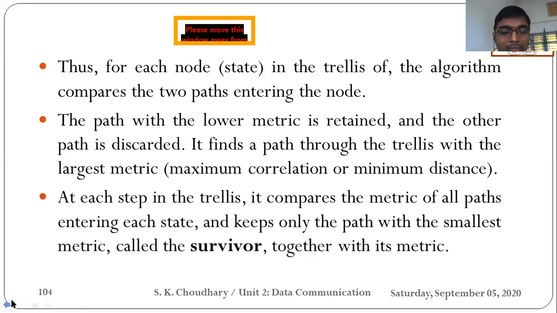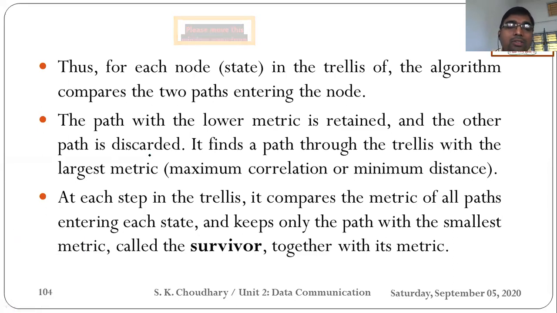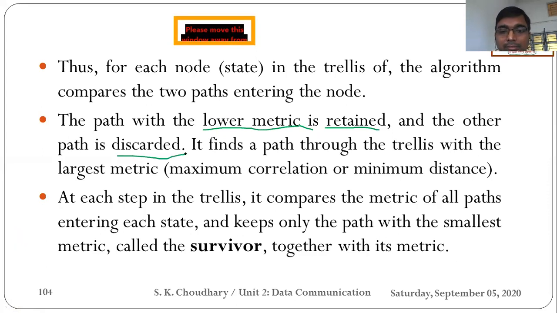Suppose you are at the B state. There is a possibility that you have entered B from A or C. Whichever of these two paths has the lower metric, meaning lower Hamming distance, is retained for the further time instant, and the rest of the path is discarded.